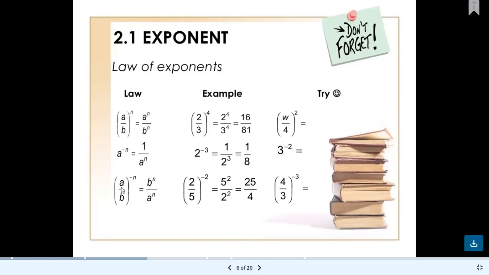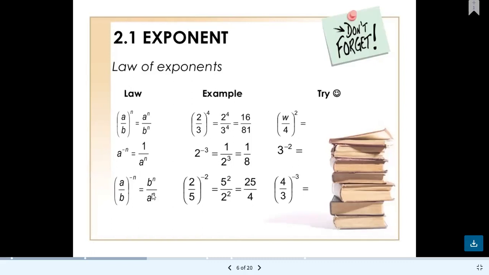Okay, so (a/b)^-n. Kapag ganito yung case, parang nire-reciprocal natin kapag negative yung exponent. So ang nangyayari, yung b pupunta sa numerator, yung a pupunta sa denominator.